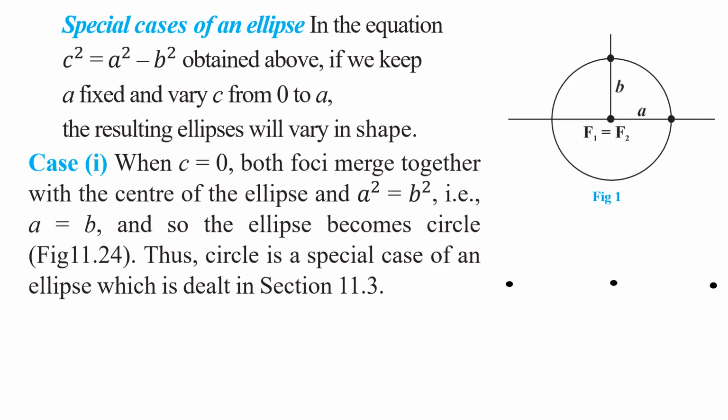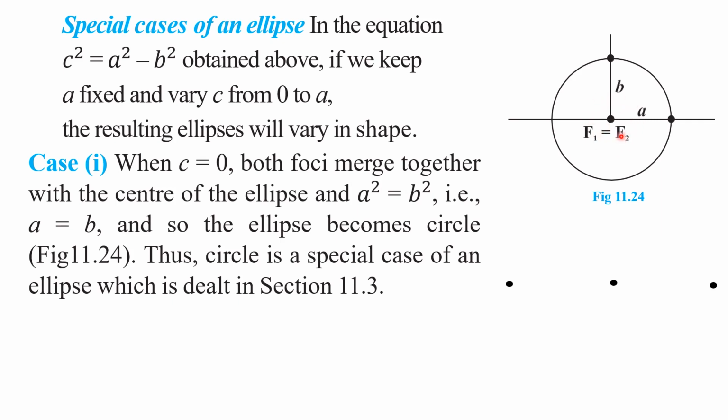Observe this figure 11.24. In this figure, suppose c is equal to 0. What is meant by c here, my children? Do you remember that point? Yes, the distance of the foci from the center. If c is equal to 0, then the foci merge together with the center.